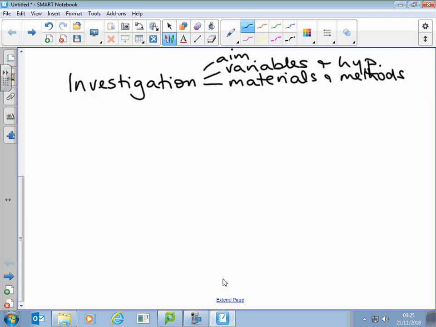Then you have your results section. Your results section is the summary of the whole course results. So it's a table of course results. That's 4 rows altogether: your main heading, your water potentials, your mean values, your standard deviations.